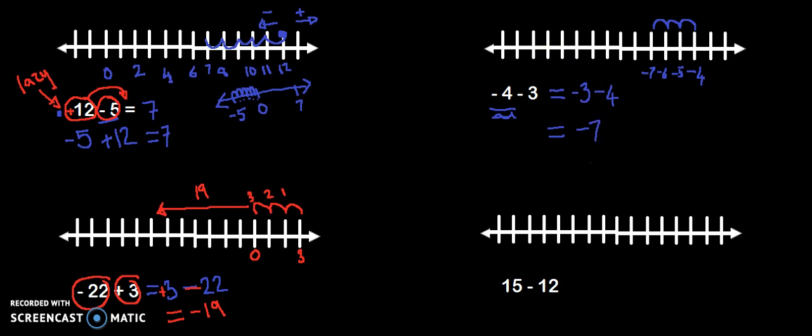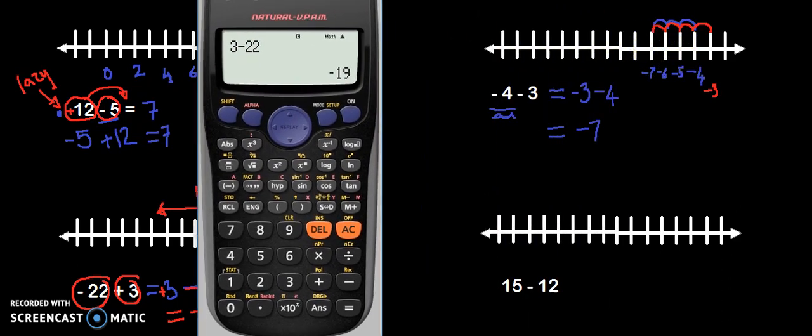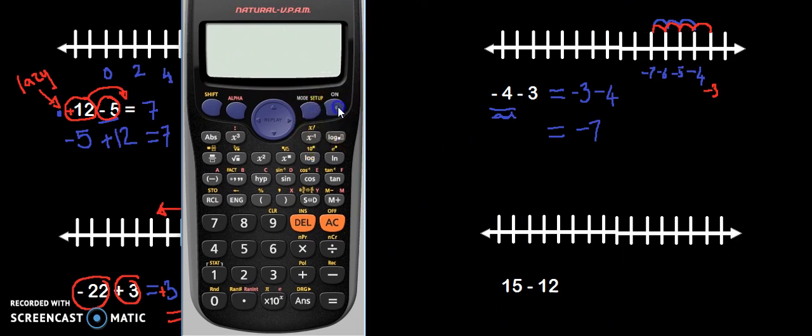Now, if we were to do -3 over there, and we're going to subtract 4, we would go 1, 2, 3, 4, and get the same answer of -7. Once again, I'm going to prove this on the calculator. -4 minus 3 gives us -7.